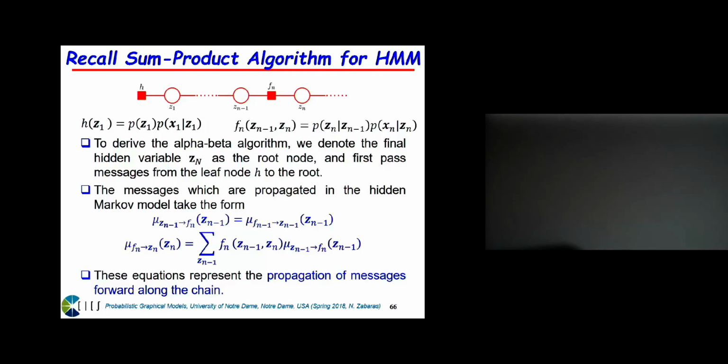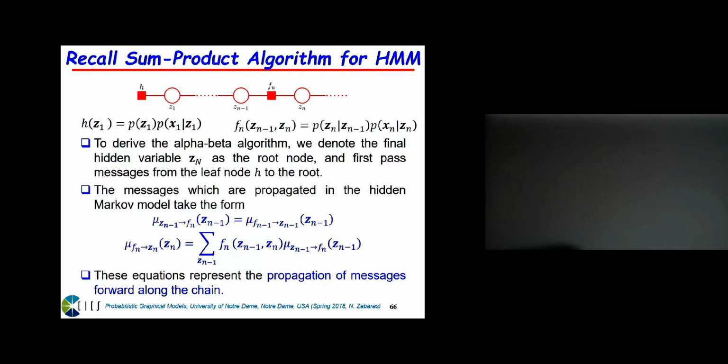All right, so for the message passing, you don't have to remember any equations because really it is graphical. So let's concentrate on this equation. We only look at messages that factors pass to nodes, all right? Nodes don't actually do anything in this graph. The message from Fn to Zn is the factor itself, which connects the variables Zn minus 1 and Zn, times the message that the factor Fn minus 1 that is somewhere there passes to node Zn minus 1.